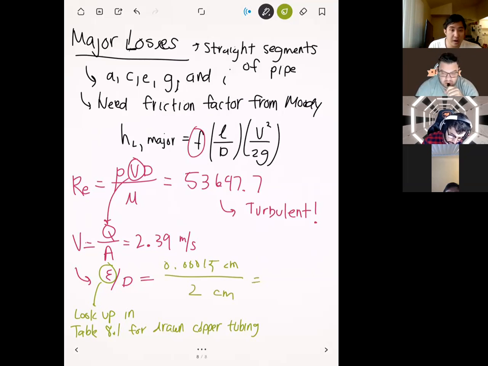We compute this ratio and we get 7.5 times 10 to the minus 4. What we need to do is look this up in the Moody chart for this particular value, but we don't have this one in the Moody chart. What we do have is a value of 0.0008.